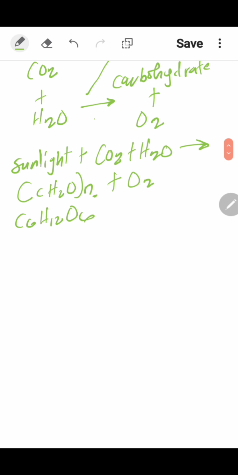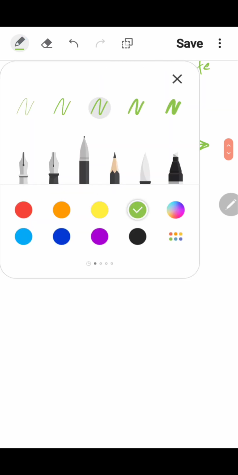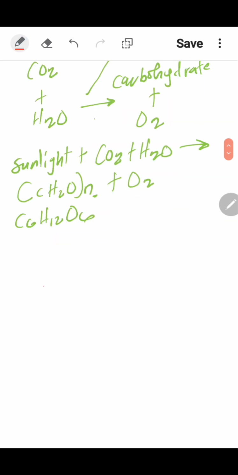Now, let's try to balance this equation. Let me have this in red. Now remember here we have C n H 2n O n. So this n affects everything in this parenthesis. So here I'm going to add n here, I'm also going to add n here and also add n here.